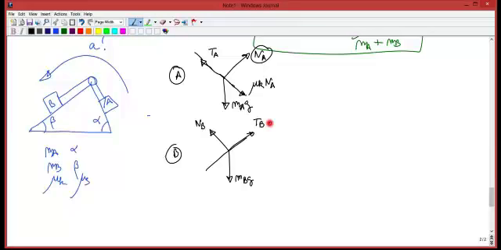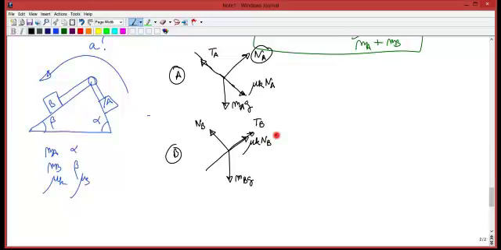Therefore, Fk must be up. So in this case, mu k N for B is in the same direction as the tension. Does everybody see the difference? The friction is down for A because A is going up, but the friction is up for B because B is going down. All right.